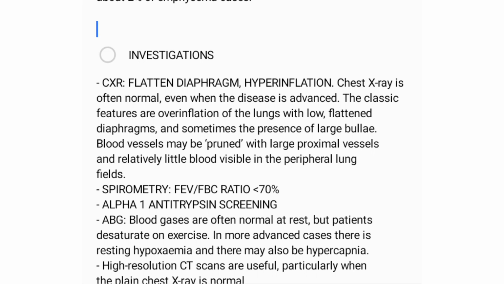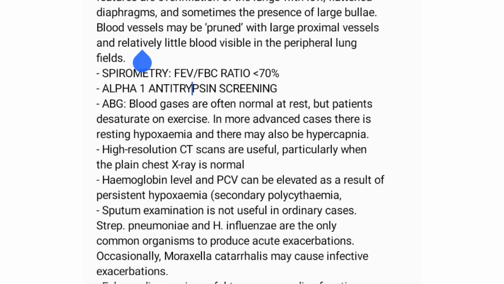But the classical features are overinflation of the lungs with low flattened diaphragms and sometimes the presence of large bullae. Then blood vessels may be pruned, with large proximal vessels and relatively little blood visible in the peripheral lung fields. Okay.